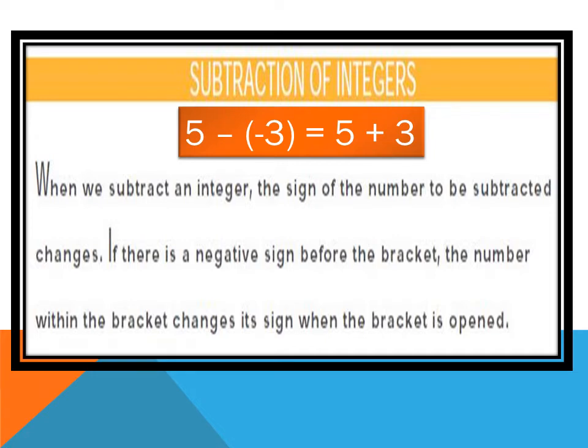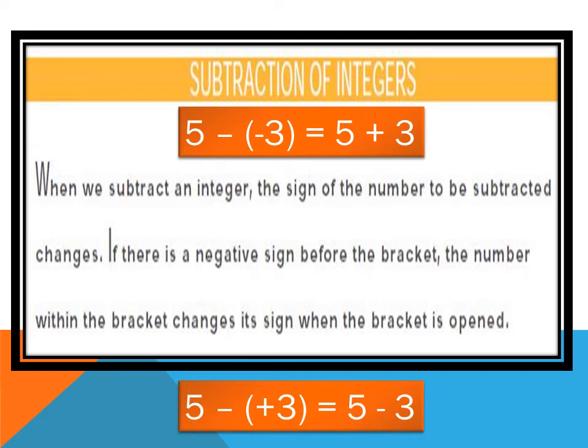So 5 minus minus 3 will become 5 plus 3. In the same way, if we are subtracting plus 3 from 5, that means 5 minus plus 3. When we open up the bracket, the sign in front of 3 changes and we get 5 minus 3. So 5 minus plus 3 gives us 5 minus 3.